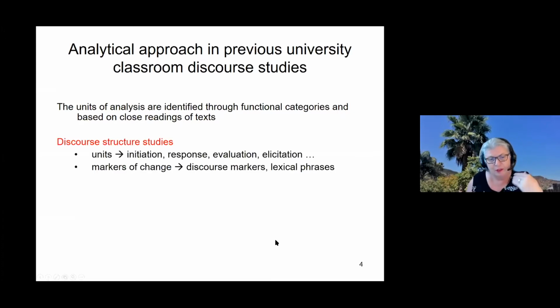For instance, in the discourse structure studies, the good old model that we have been working with for quite a while now is the initiation, response, feedback, or evaluation sequence. And so, for instance, language classes were looked at for these particular sequences, to see what patterns emerged in the texts.